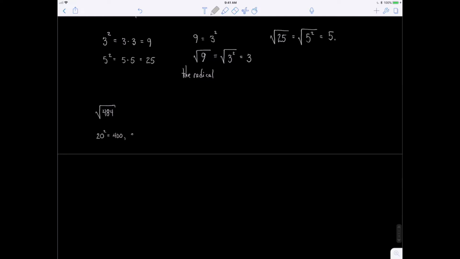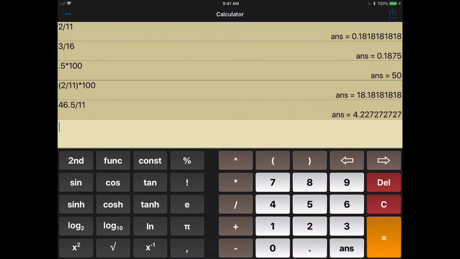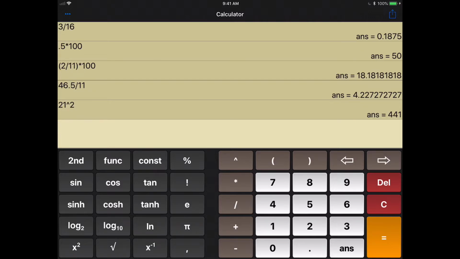How about if I took 21 and I squared that? Well, you know what? We've got Good Grapher handy. Let's go check. So if I come over here to Good Grapher and I take 21 and I square it, and notice it's got this button in the bottom left that's squared. That's how you would square it. And go equals 441. Wow.